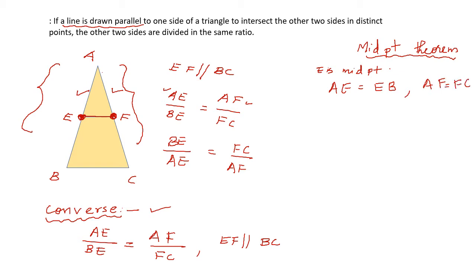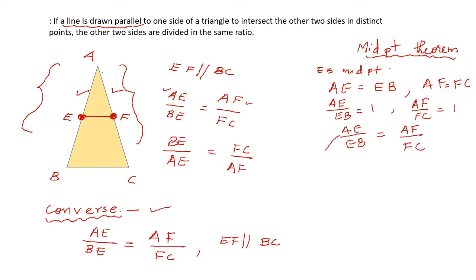So AE equal to EB means AE by EB is equal to 1, and AF by FC is equal to 1. That is, AE by EB is equal to AF by FC.